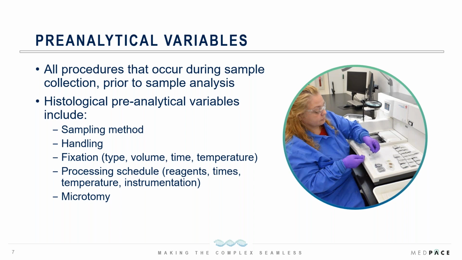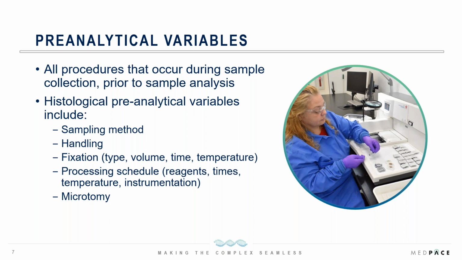With regards to the pre-analytical variables involved in the handling and processing of these liver biopsies, I've got a short list here. These variables include the sampling method, which I've got a slide that will follow in just a second, the handling, and the fixation.